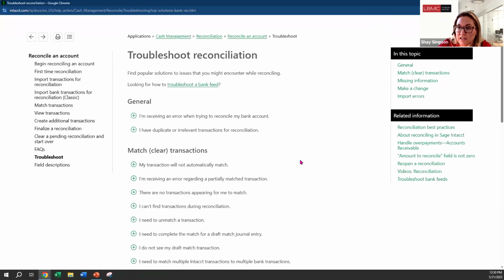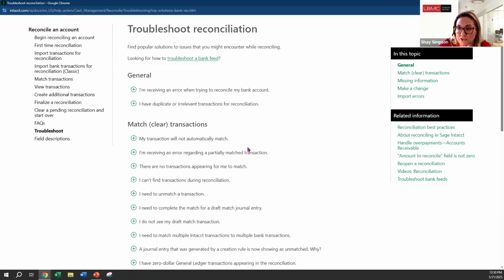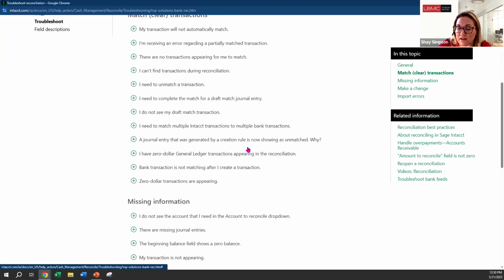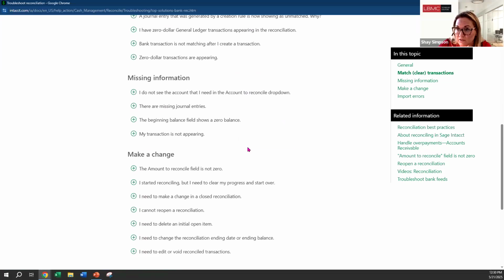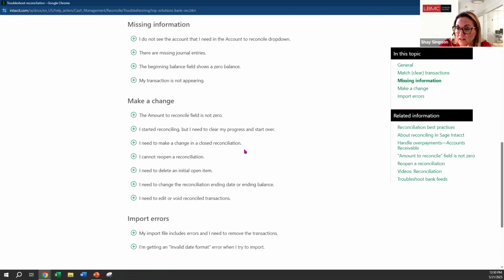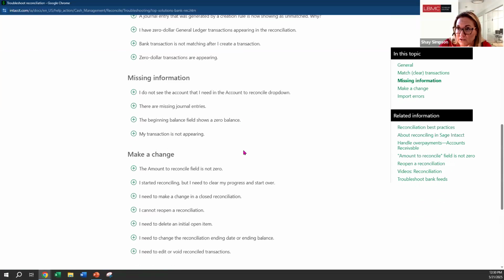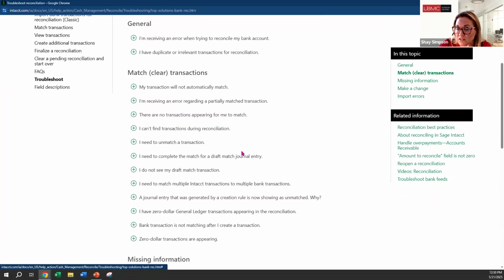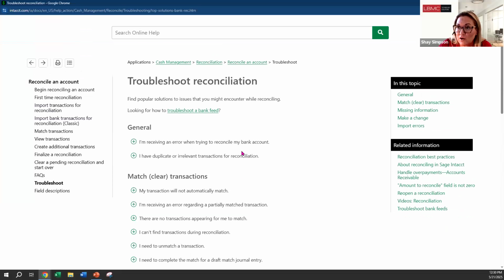Even in regards to matching transactions, this is a lot of really good information that you can leverage to help troubleshoot those reconciliations. So if we're getting any type of errors, I want to be as self-sufficient as I possibly can. If there's anything I need to review or figure out about why I'm having such issues with my reconciliation, I can come in here and do a search on troubleshoot reconciliation. I didn't know if you guys were aware of that one.